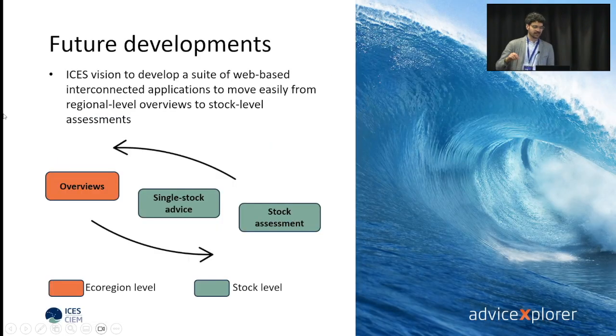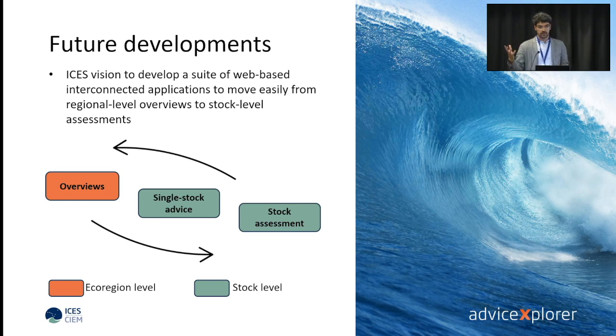So ICES's vision for the future is to develop a suite of web-based interconnected applications. So the general idea would be to allow the user to move between different regional levels, to move between different scales. So for example, we are working on the Fishery Explorer, which is based on the fishery overviews, which is ecoregion specific.